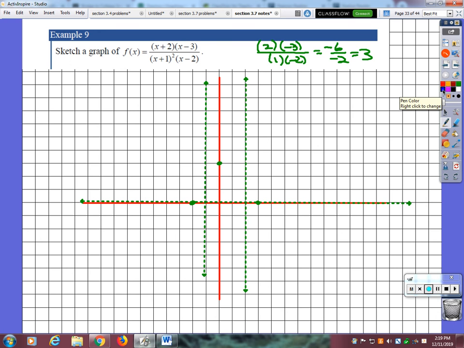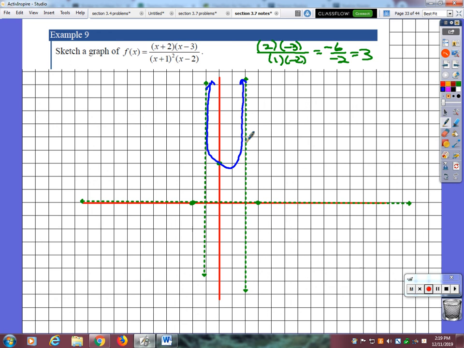On either side of this asymptote, it goes the same way, right? Because this is squared. Okay, I know it crosses the y-axis here, but it can't cross the x-axis down there, right? Because we didn't find any intercepts there. So I'm going to put a little parabola-ish thing right there.